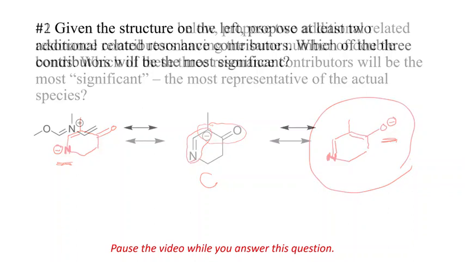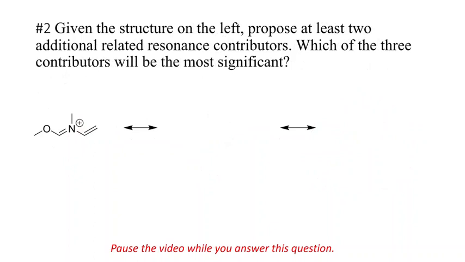Number 2, given the structure on the left, propose at least 2 additional related resonance contributors. Which of the 3 contributors will be the most significant? Pause the video, try this on paper, and come back. I'm going to go have a cup of coffee in the meantime.